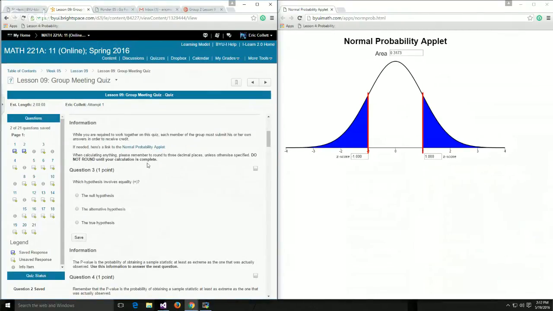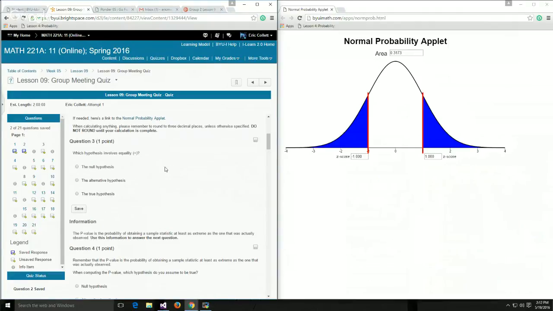So it says, which hypothesis involves equality? I think it's the null hypothesis. That's what I was thinking too. Hold on, let me get the book open too.